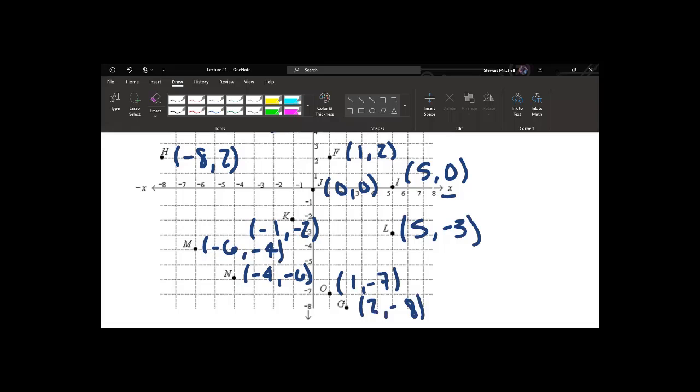And then N, we go to the left 4 and then down 6. So it'd be -4, -6. And then O, which I believe is the last point, we go to the right 1, but then down 7. So it'd be 1, -7.